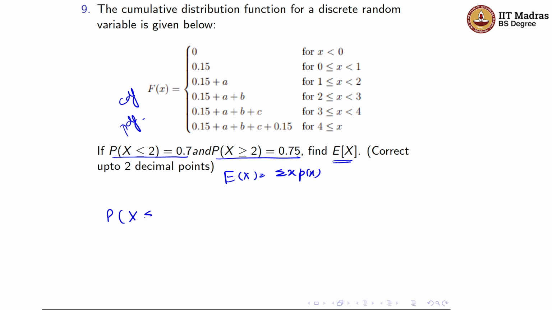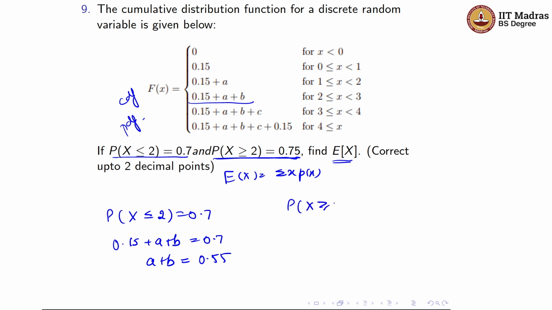The probability of x less than or equal to 2 is 0.7, and this is given by 0.15 plus a plus b, which is 0.7. So a plus b will be equal to 0.55.